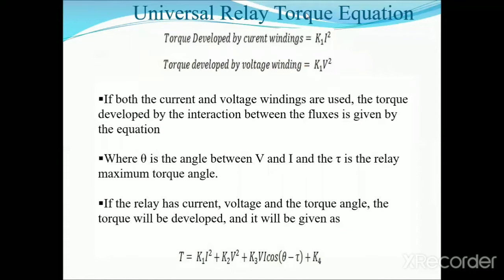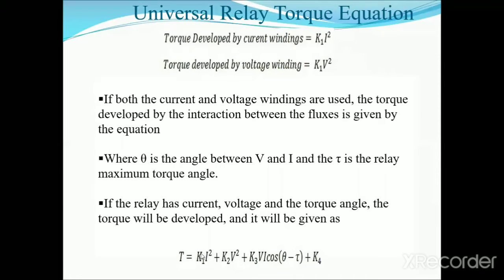The torque developed in the current winding is K1 I square, and the torque developed in the voltage winding is K2 V square. We write the torque as T equal to K1 I square plus K2 V square.